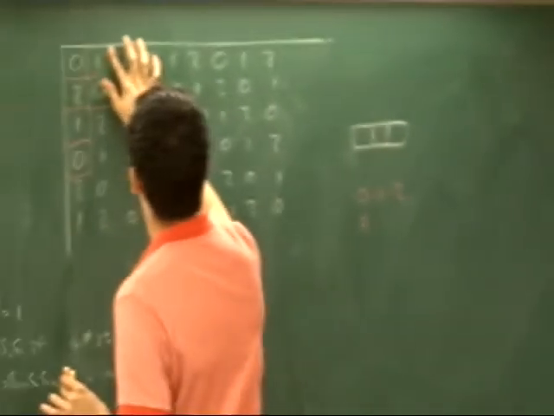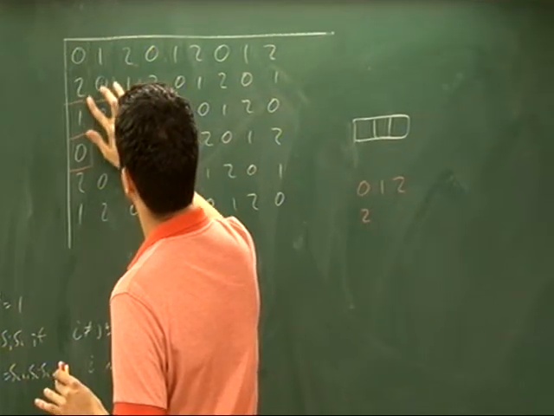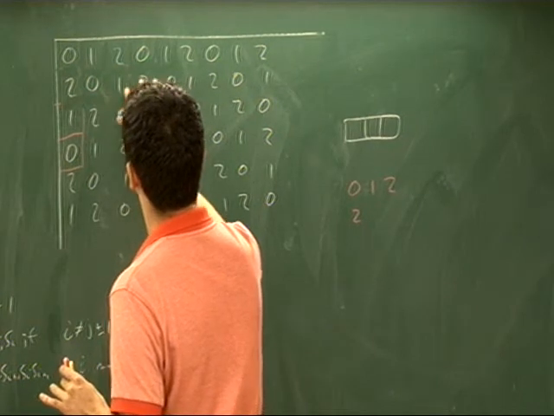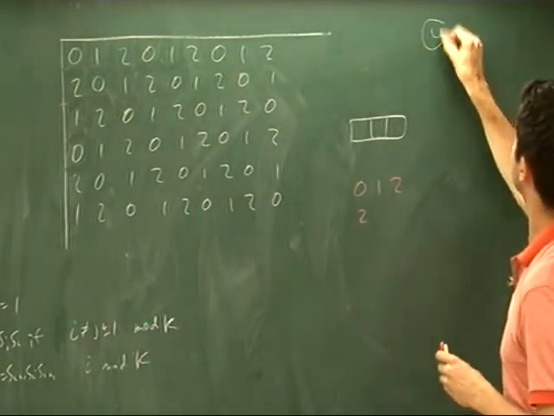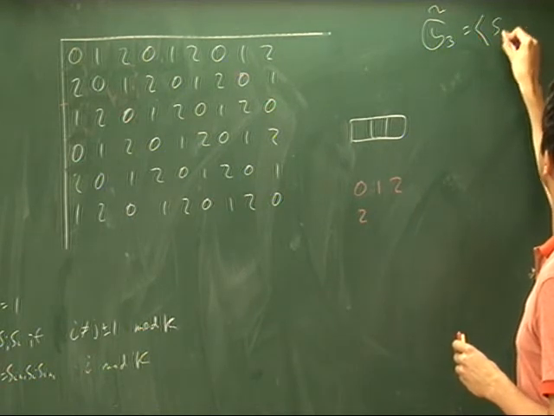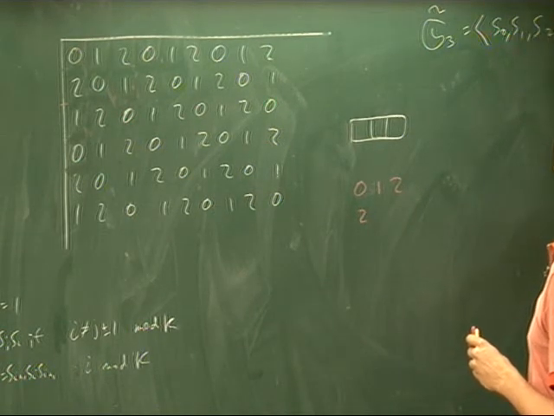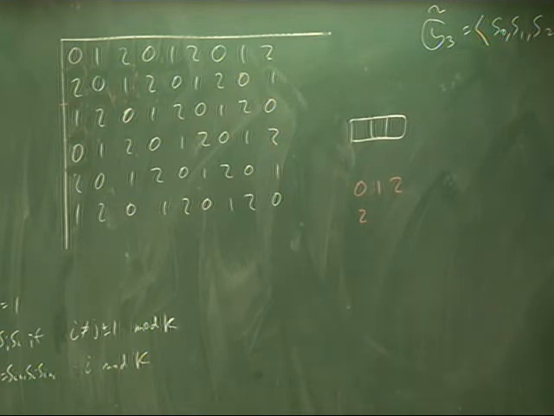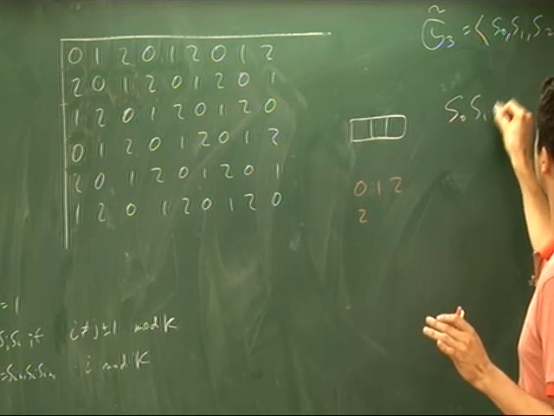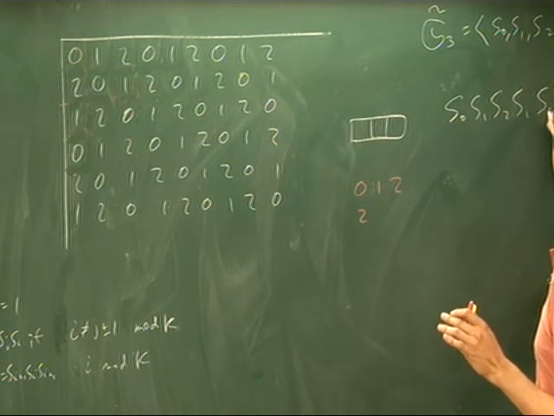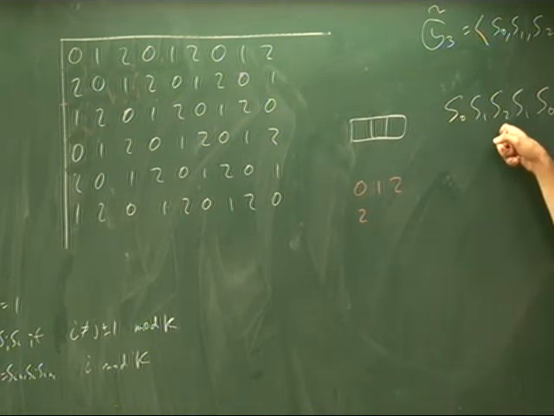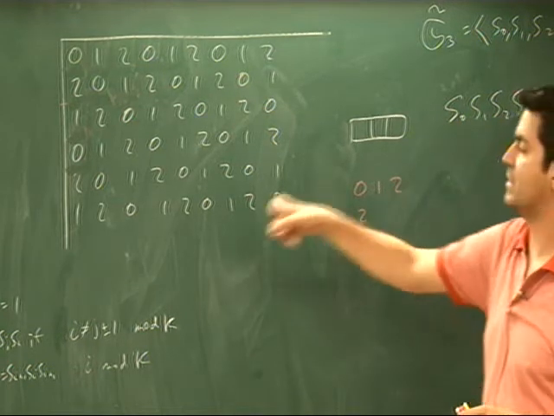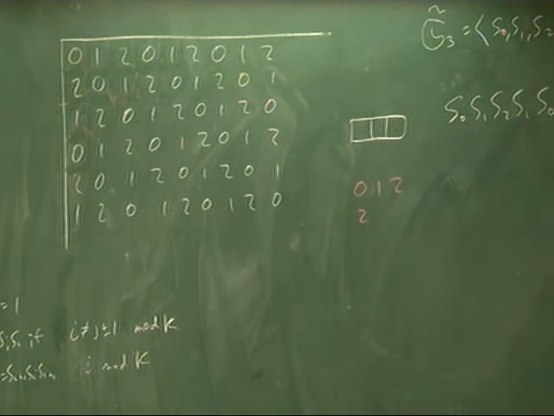I'll give you an example. So now we switch to S3, which is generated by S0, S1, S2. And I'm going to come up with a random word. S0, S1, S2, S1, S0. So I say that this word can be made into a k-Schur in the obvious way.